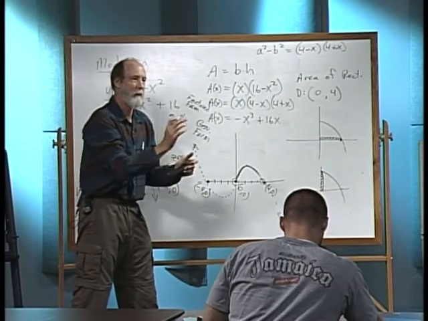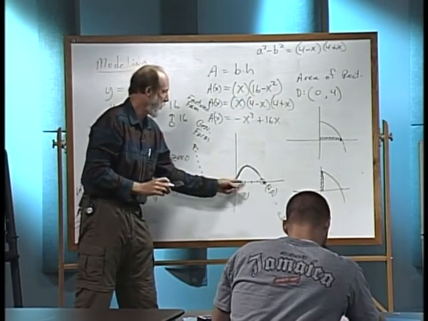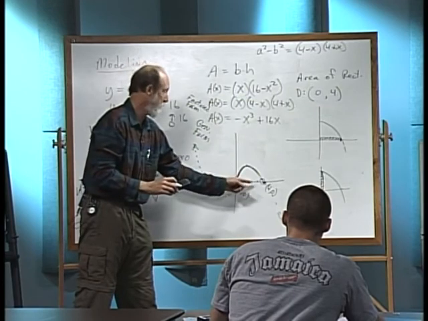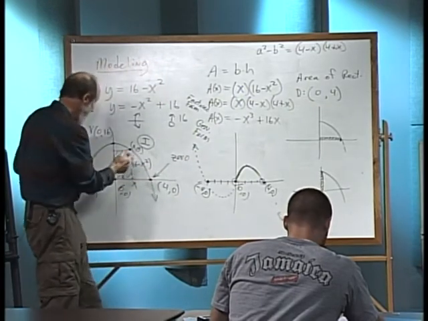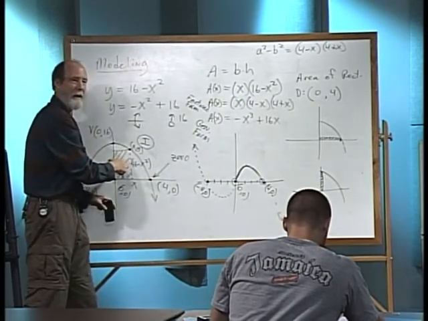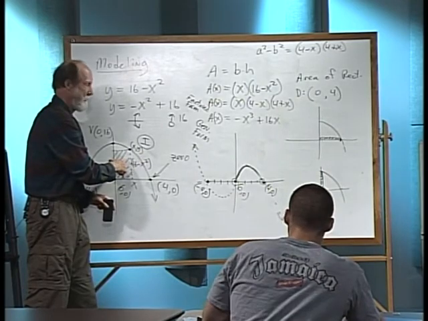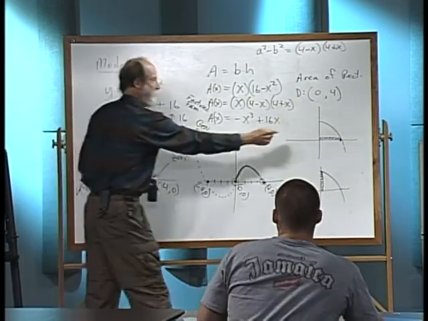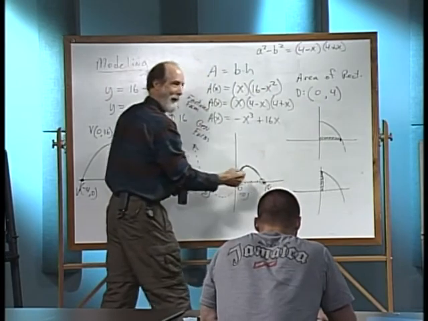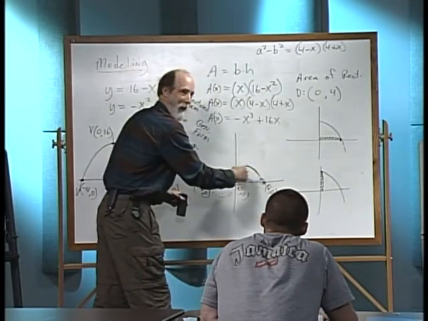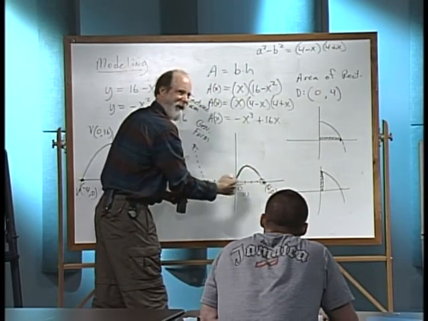Okay, now here's what's really exciting about this. What choice of x will give us the biggest area rectangle inside here? 4 makes 0. You're guessing that this is a parabola. Is that a parabola? No? Okay.